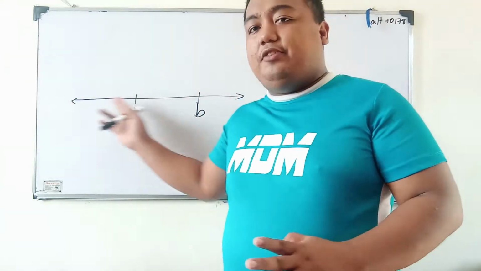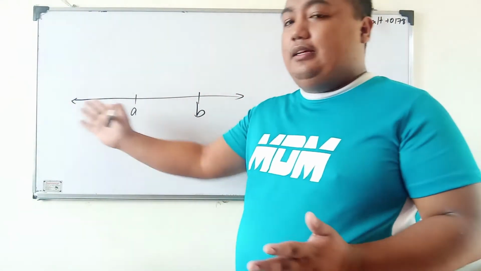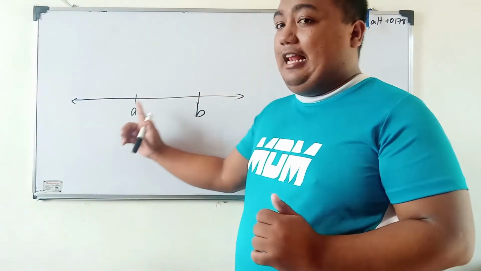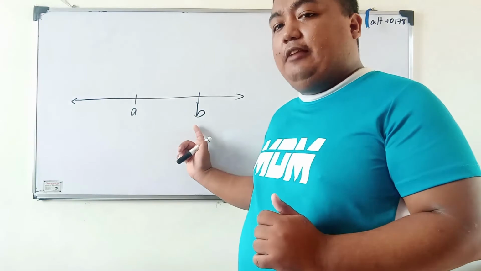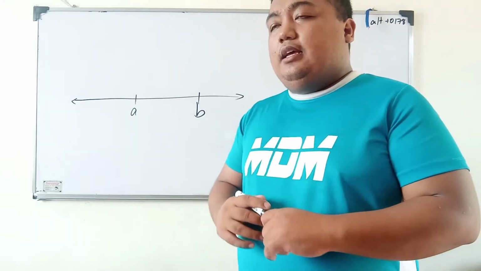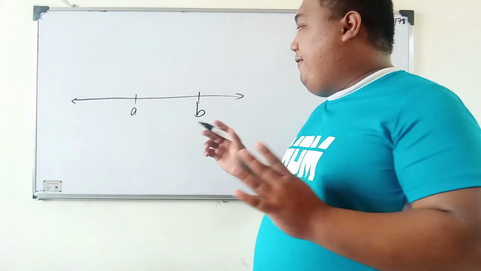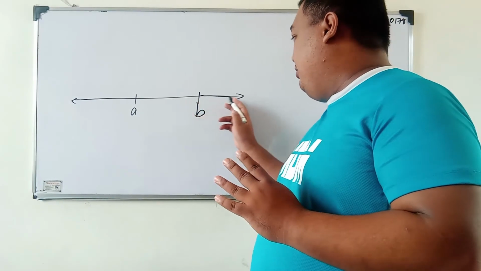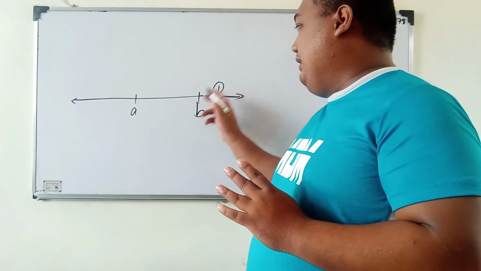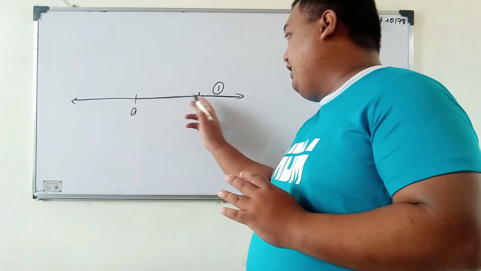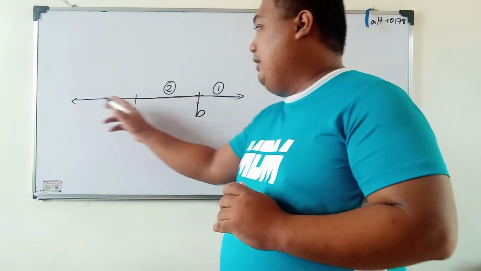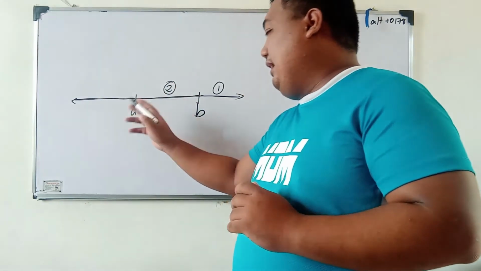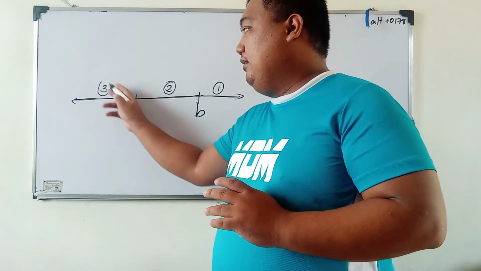So, meron tayong number line. Ito number line to. So, we have a number line with values A and B. Okay? So, kailangan nating ma-identify ang tatlong area nito. Itong area number 1, ang area number 2, at ang this area number 3.